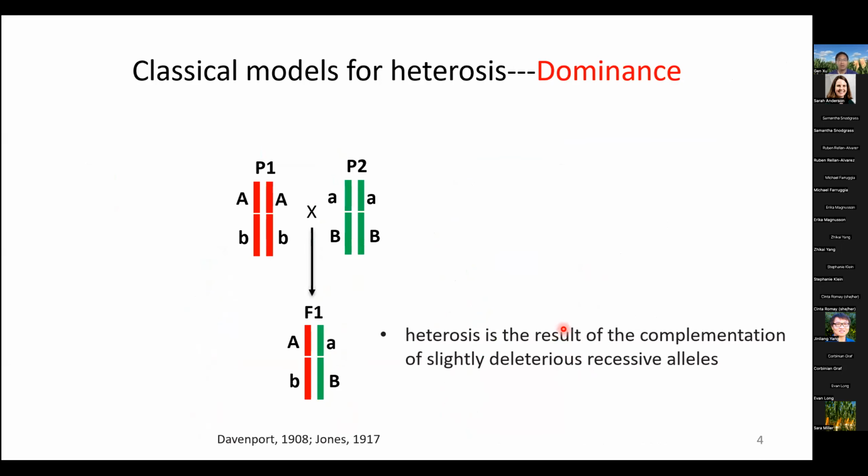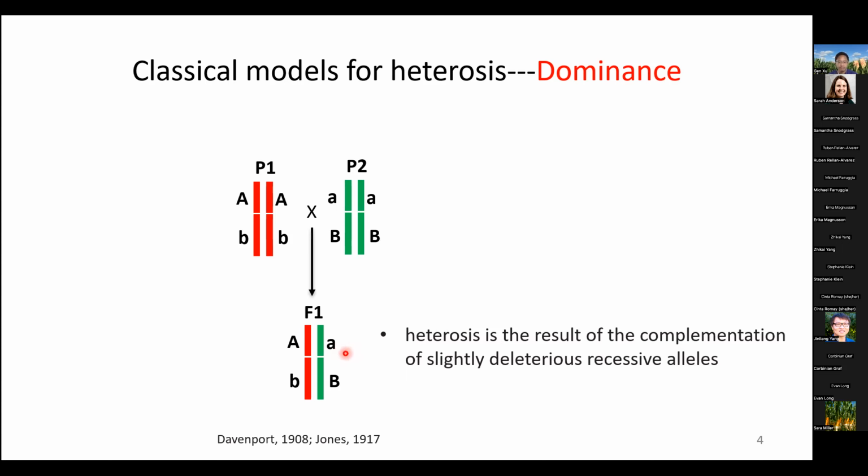So far, there are three classical models for heterosis. The first one is dominance. In this model, heterosis is the result of complementation of slightly deleterious recessive alleles.